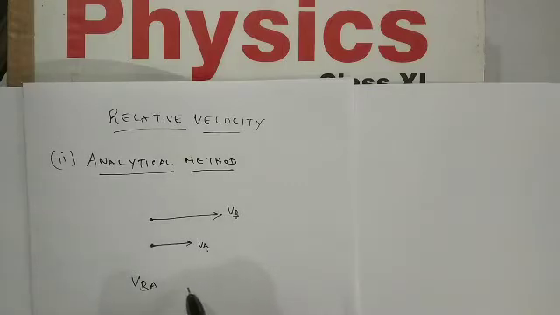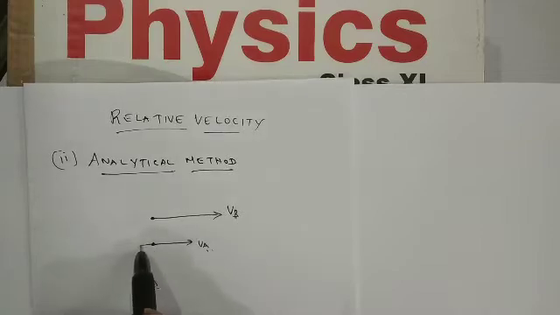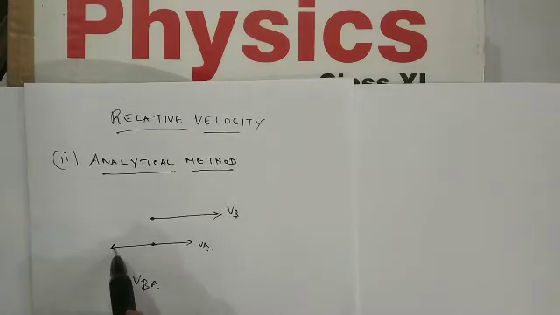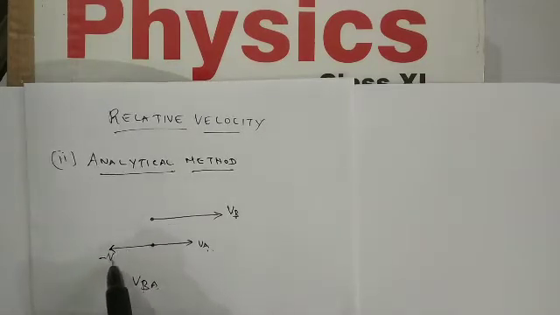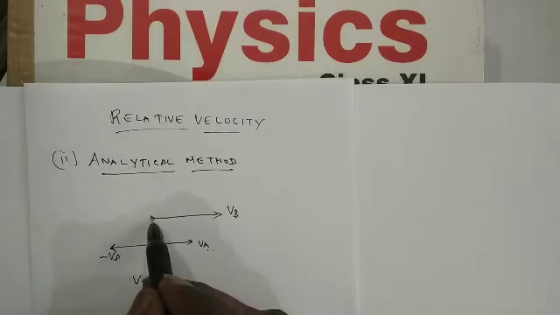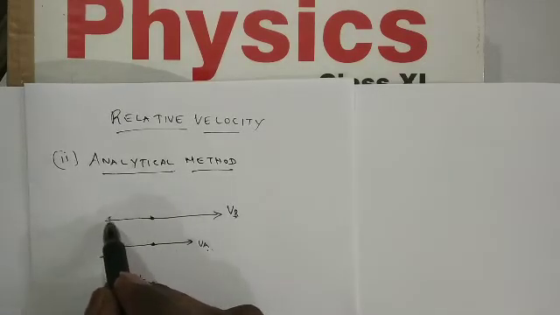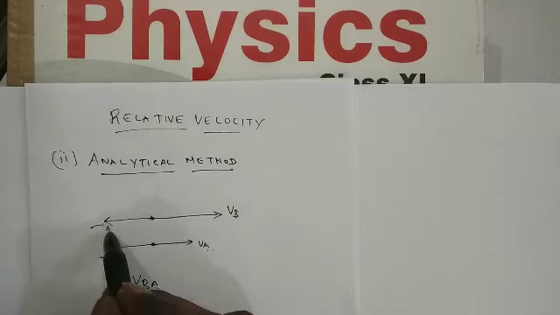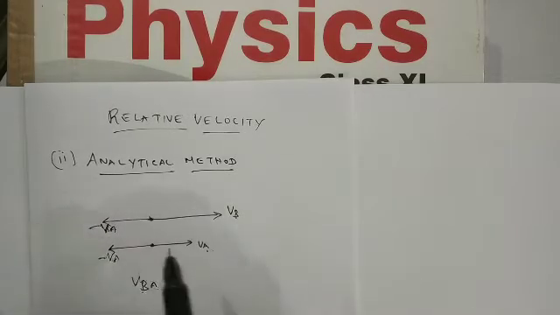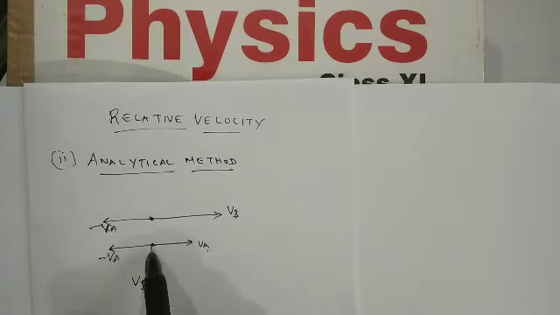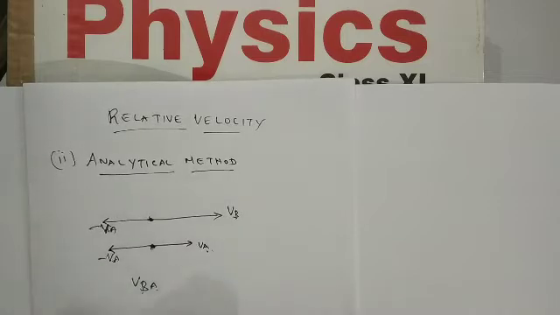I am again repeating my point. In order to find the relative velocity of B with respect to A, impose equal and opposite velocity of VA on both A and B, in the opposite direction. So here it is going to be minus VA, and here again we put minus VA, such that the body A is brought to rest.